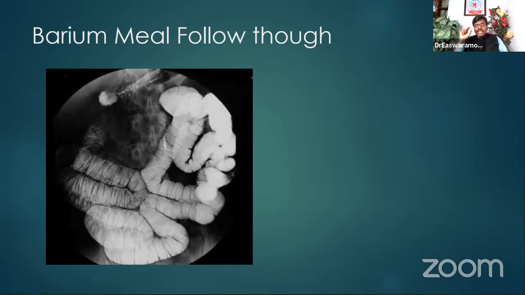This is called enteroclysis. The word enteroclysis, otherwise called small bowel enema, is a radiological or barium examination of the small bowel, wherein a Rayleigh tube is placed into the duodenum, we give the barium, after which an anticholinergic is given. So you can see all these valvulae conniventes very nicely.